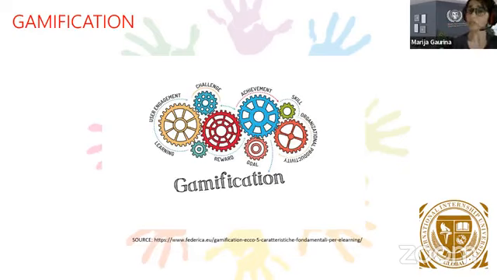So gamification can motivate them and can make the materials more accessible and easier to understand. And I think that you all need to gamify your education. I don't know what you are doing, but try to implement some parts of gamification in your class.